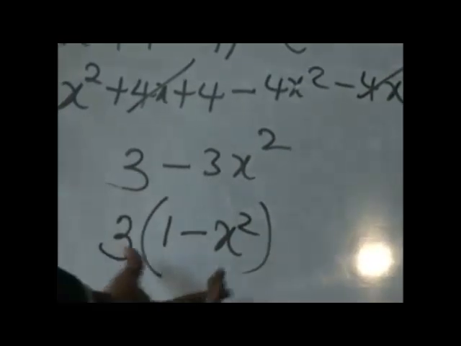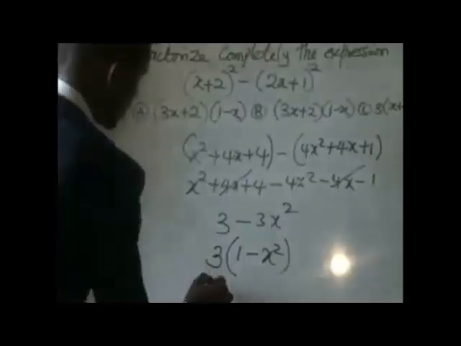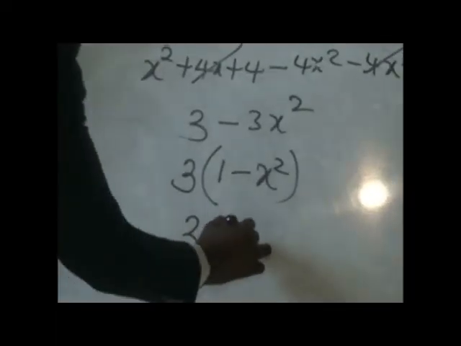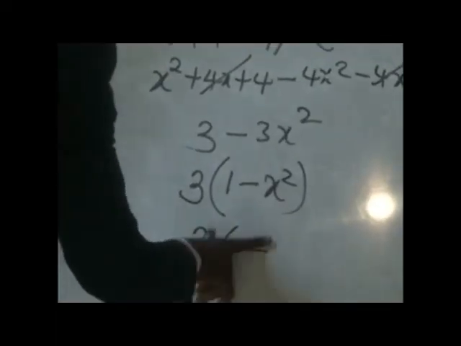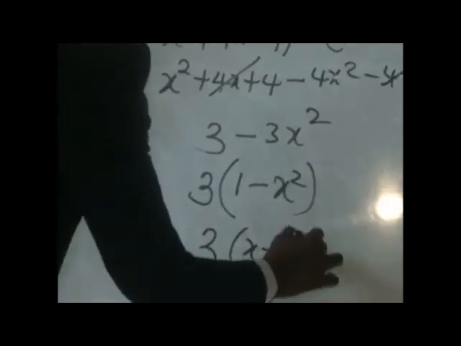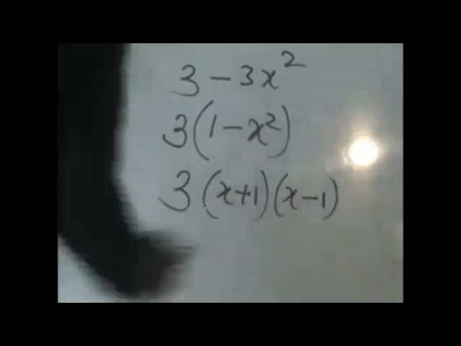Alright? This is an answer, but you are asked to factorize completely. Now this is difference of two squares, okay? So this is stated as 3, open bracket, 1 minus x squared, I can do x plus 1 and x minus 1. Okay?